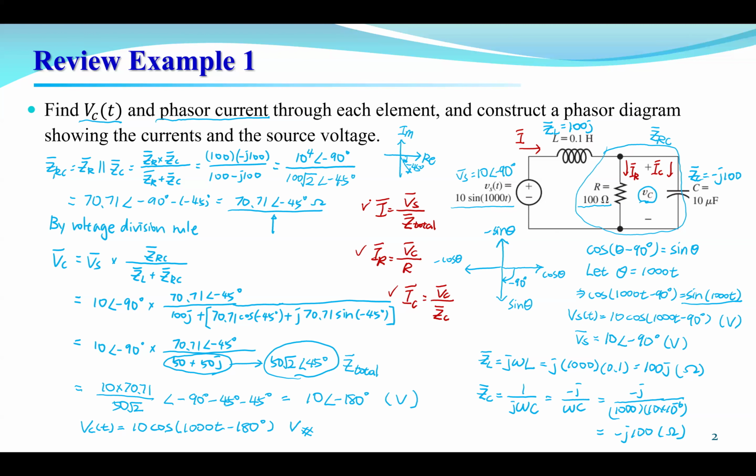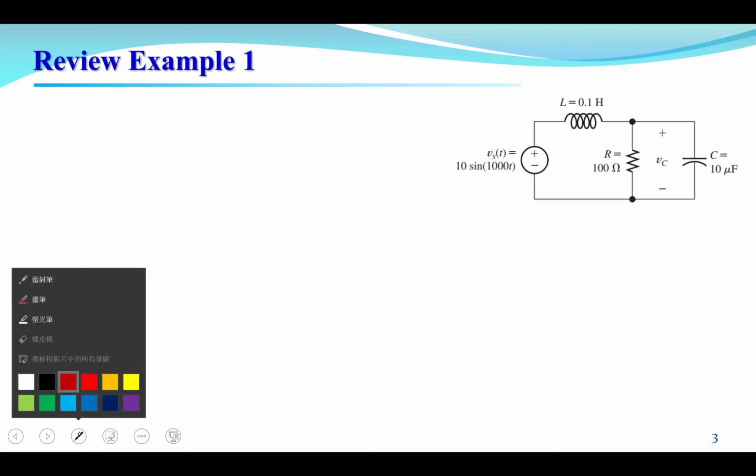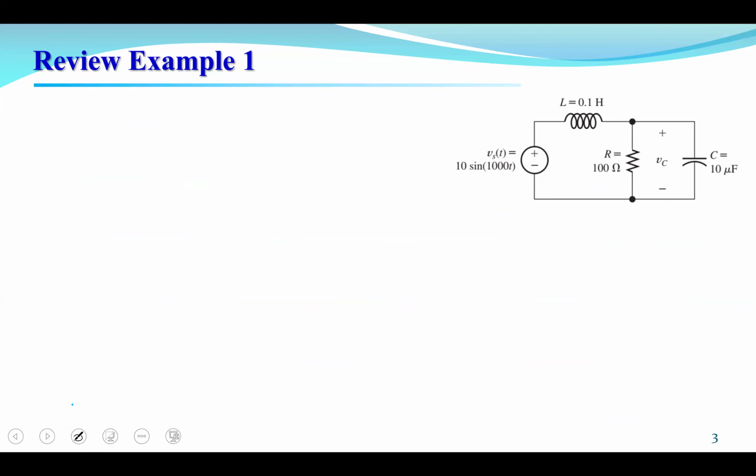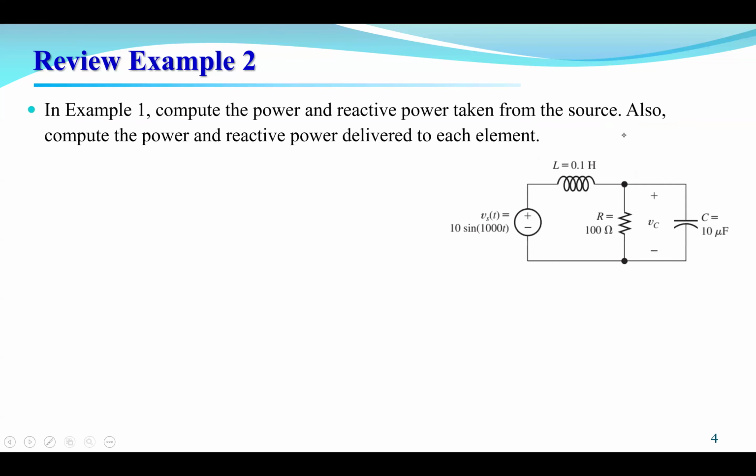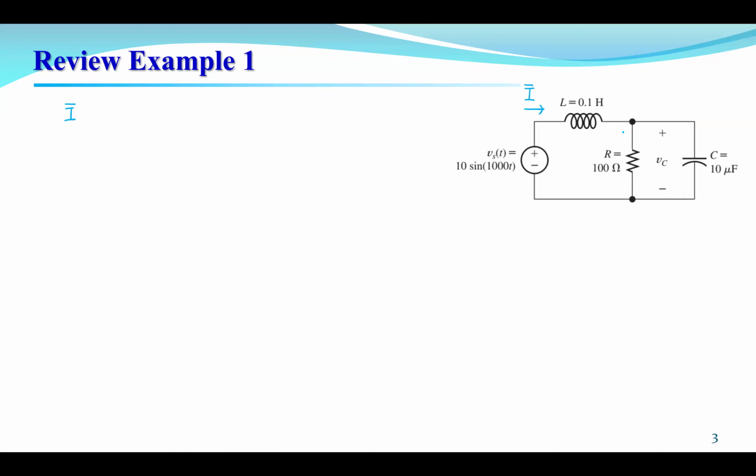Okay, so first let's calculate I, the current flowing through the inductor. All right, so we want to calculate I. Let me redraw it again. This is I, this is IR, and this is IC.